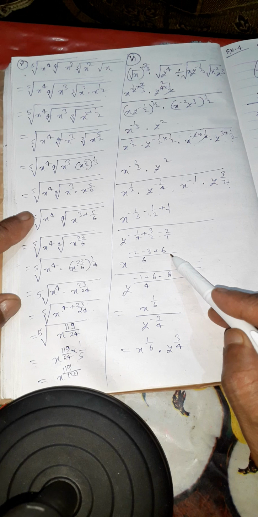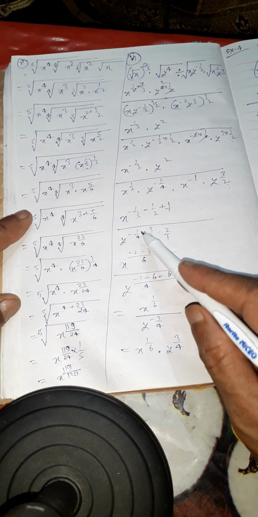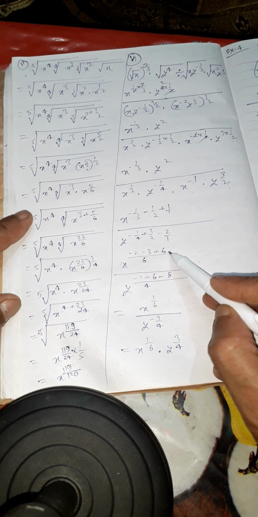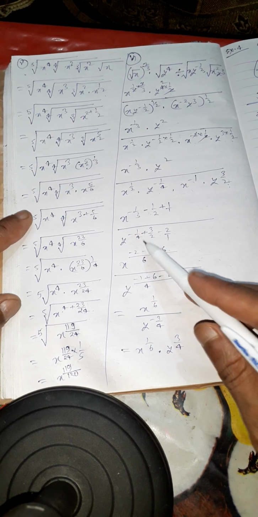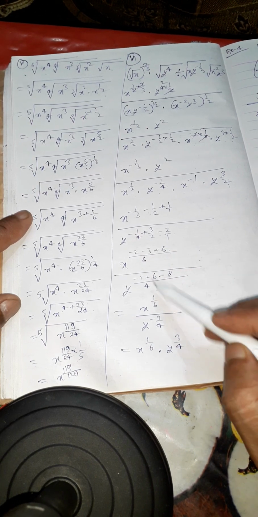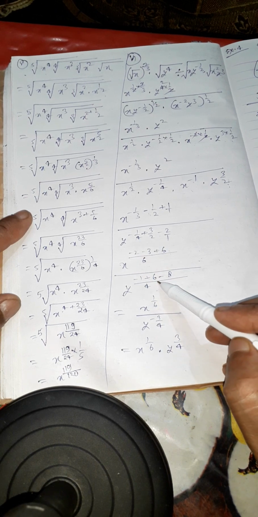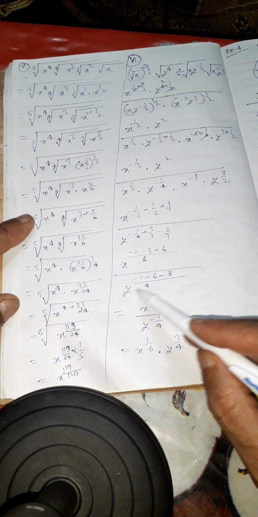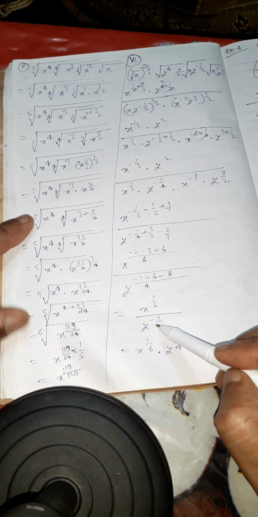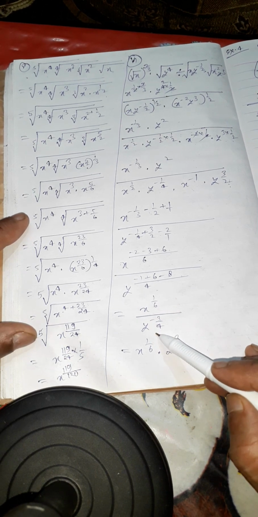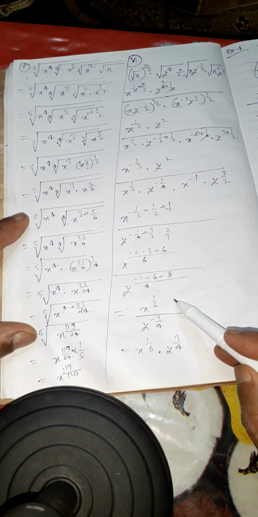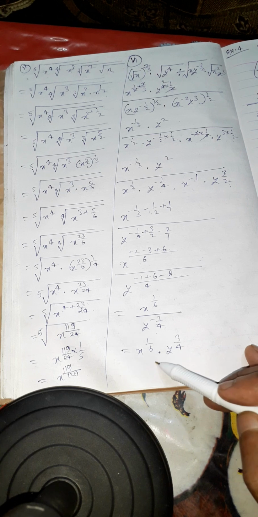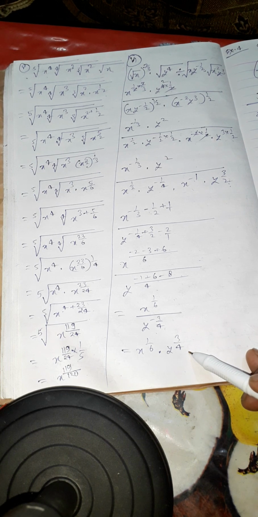Taking the LCM of the powers, 3 to 6, it is minus 2 minus 3 plus 6. Downward, for y, we take LCM 4, minus 1 plus 6 minus 8. It is x to the power 1 by 6, y to the power minus 3 by 4. Because it is a negative power, it comes into the numerator. We have x to the power 1 by 6 and y to the power 3 by 4.